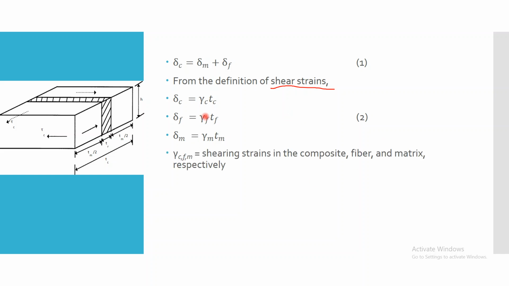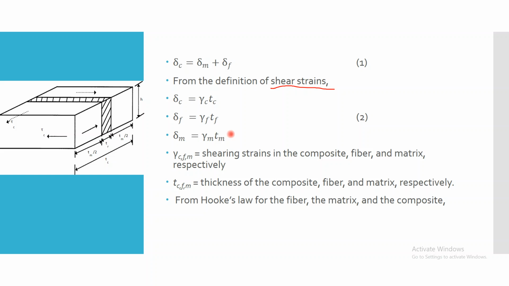Now I can substitute this into equation number 1. If you substitute that, it becomes gamma C into TC is equal to gamma M into TM plus gamma F into TF. After this, from Hooke's law, there is a relation between the shear strain and the shear stress. That is, gamma C is equal to tau C divided by G12.